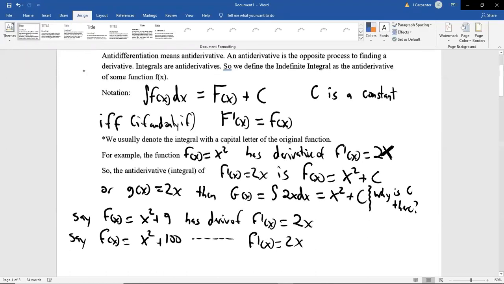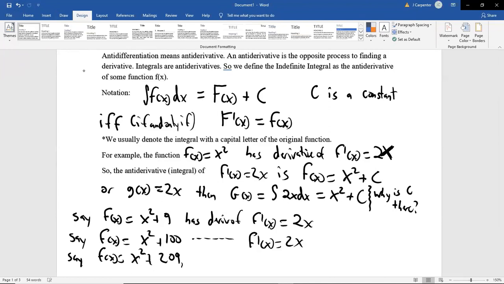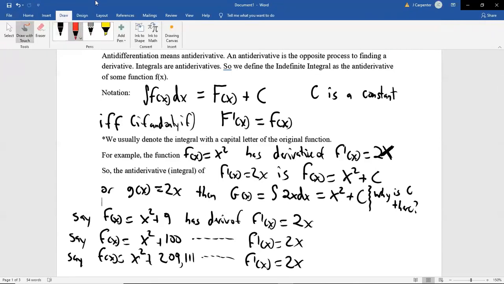Say your function was x squared plus 209,111. The derivative of that is still just 2x. Notice when you take a derivative of a constant, it goes away.